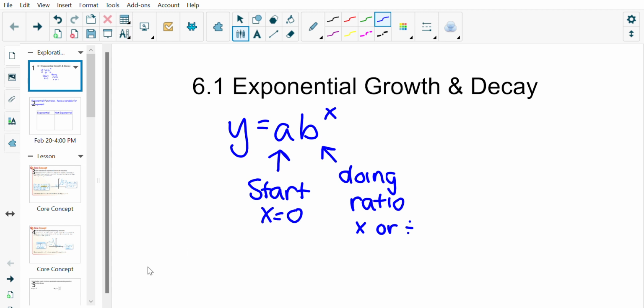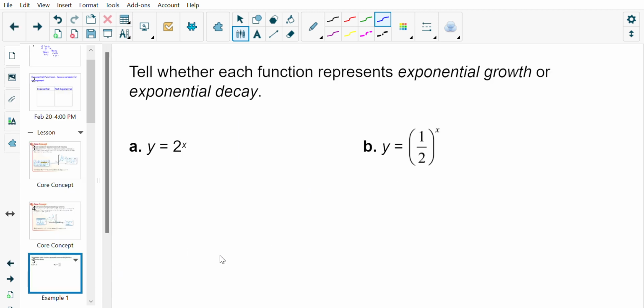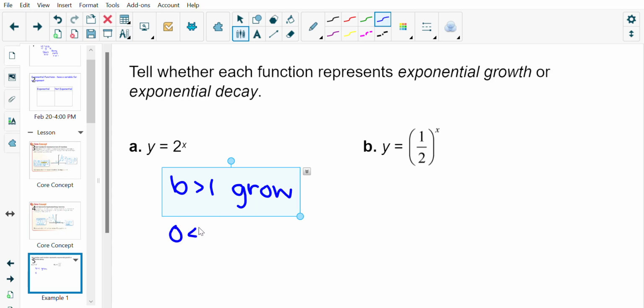So for example, if we look here, our exponential growth is going to be when our B value is greater than 1. That is when we grow. And when it's between 0 and 1 is when it's a decay.